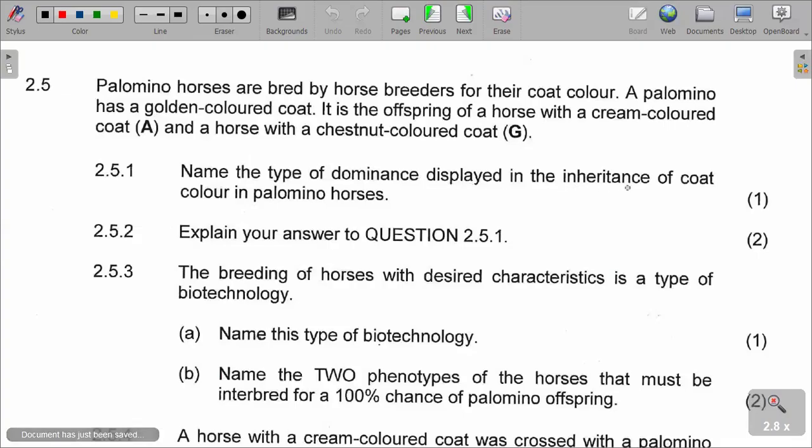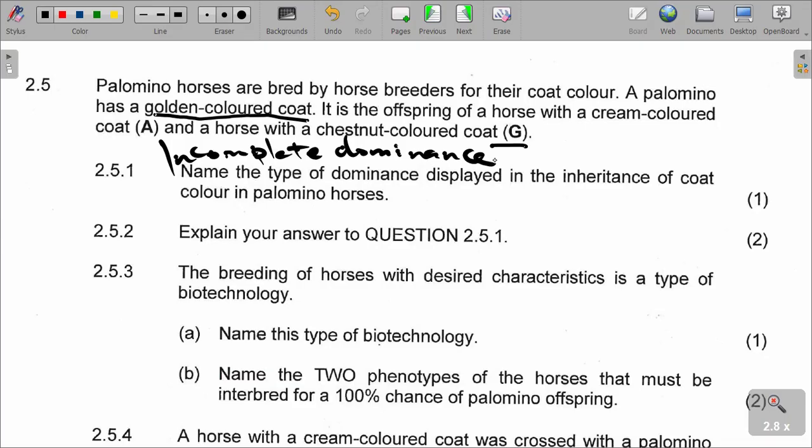So name the type of dominance displayed in coat color in palominos. A palomino has a golden coat, an offspring of a horse with a cream coat, A, and a horse with a chestnut coat, G. We can say this could be codominance, as sometimes it is treated as such, but usually incomplete dominance, for the blended phenotype, shows this. It is incomplete dominance.